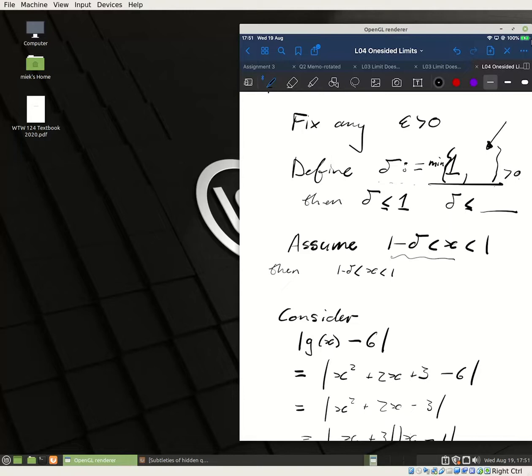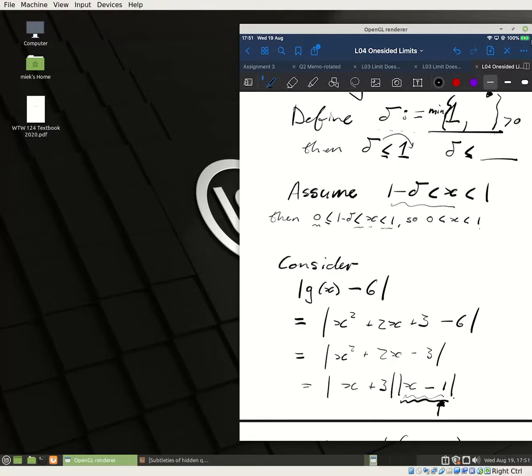If you take that across, 1 minus delta is greater or equal to 0. So we automatically get that 0 is less than x, which is less than 1.